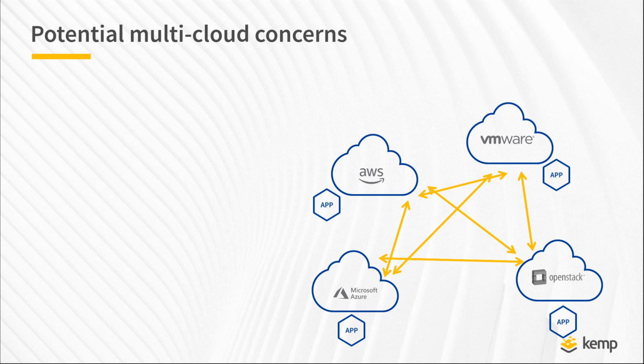So, what are these concerns that we want to be addressing when we talk about this hybrid cloud model. Number one, multiple technologies to support. Each cloud technology uses a different technology.